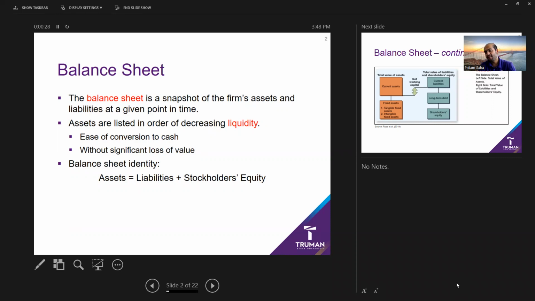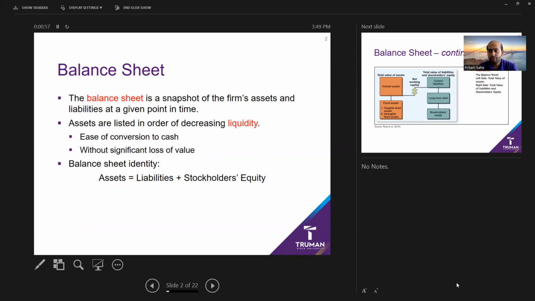Given point in time means at any point in time, it could be end of January, end of February, mid-March, mid-April, end of June, any point in time, how much assets the corporation has and how much liabilities they have at the same time. So any given point in time, when you talk about the assets and liabilities of any corporation, we refer to the balance sheet statement. Now, there is one important thing that you need to understand.